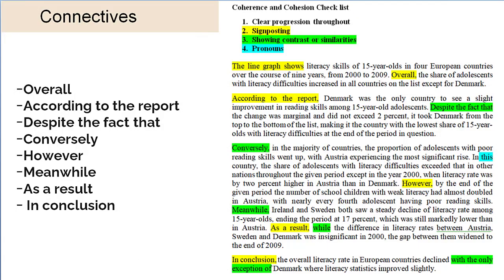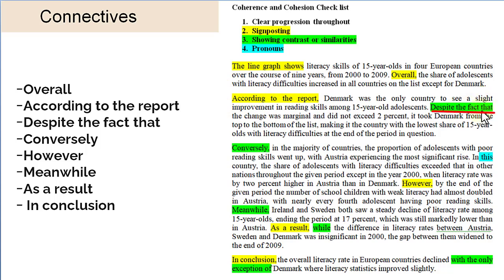Connectives are also cohesive devices. You should be well familiar with them. Let's take a look at how to use some of the most common of them and see how they make a text more cohesive. So first of all, here we have overall in the introduction. Then in the first paragraph, according to the report, referring to the source of our data.